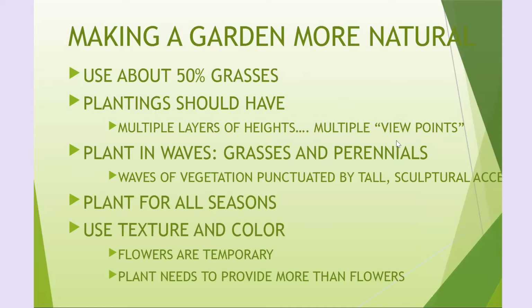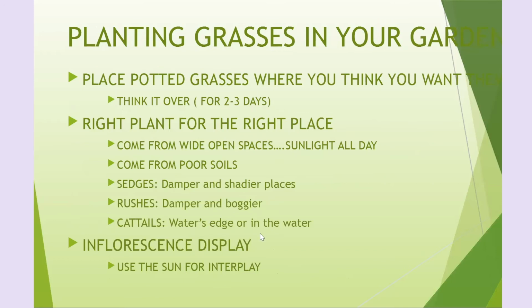And if you're going to use a lot of them, be sure that you look at them from various sighting points, because you want to make sure that they look good from wherever they can be seen. Plant in waves, plant for all seasons. Know when those grasses are going to flower.